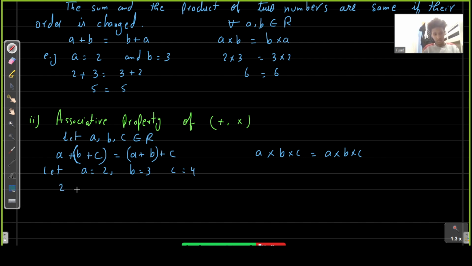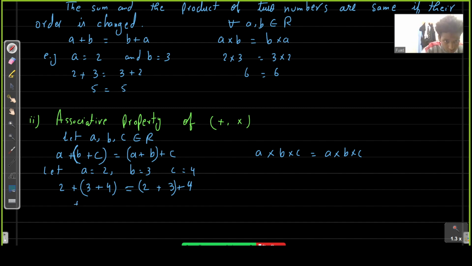So 2 plus 3 plus 4 is equal to 2 plus 3 plus 4. On the left side I'm going to add 3 and 4 first, then add the answer with the 2. And on the right side of equality, first I'm going to add 2 plus 3, then I will add the answer with the 4.